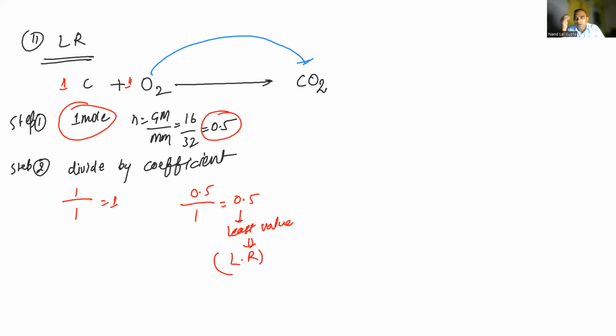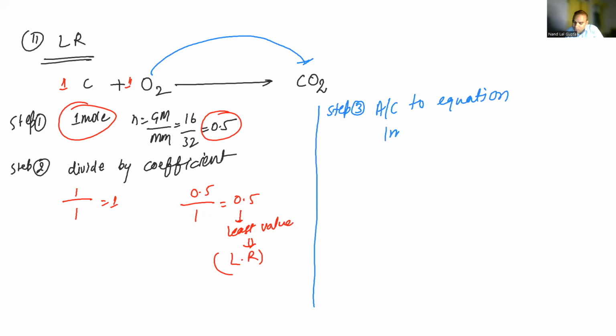0.5 mole O2 gives 1 mole CO2. According to the equation, go firstly according to the equation. That is what you are correctly saying. 1 mole O2 gives how much? 1 mole CO2.